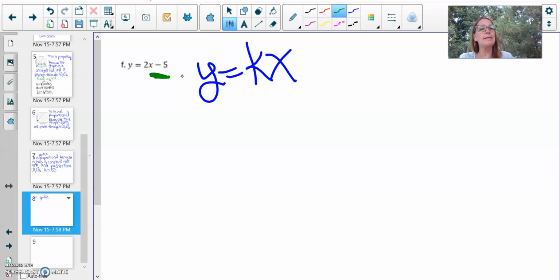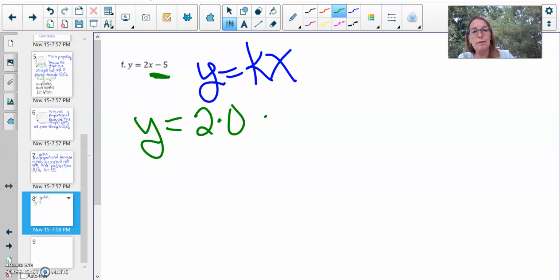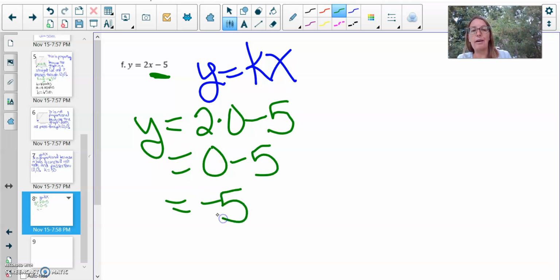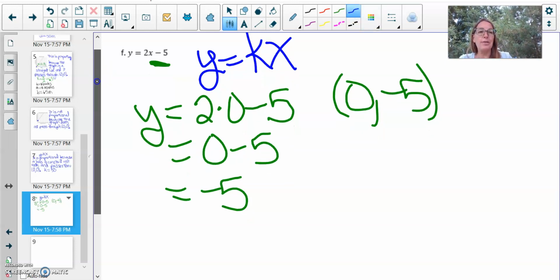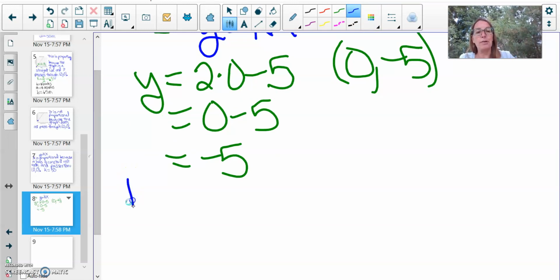If I were to put in 0 for x and see what y would be, I would get y equals 2 times 0 minus 5, which would become 0 minus 5 or negative 5. So that tells me that this graph would go through the point 0, negative 5, which is not the origin. So because of that minus 5 in the equation, that makes it not proportional. So it is not proportional.